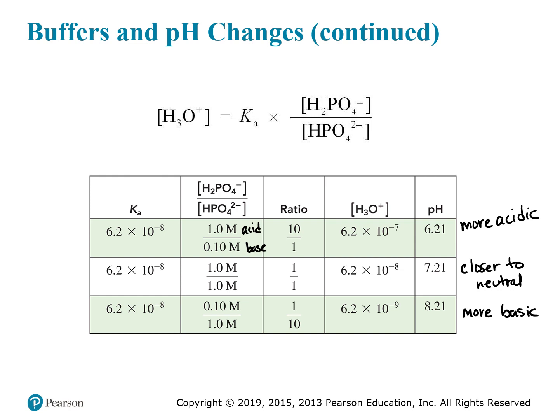So understanding this concept that when you make a buffer, if you have more acid, it's going to have a lower pH. It's going to be more acidic. Versus if you have more of your conjugate base, it's going to be more basic. Does that concept make sense?